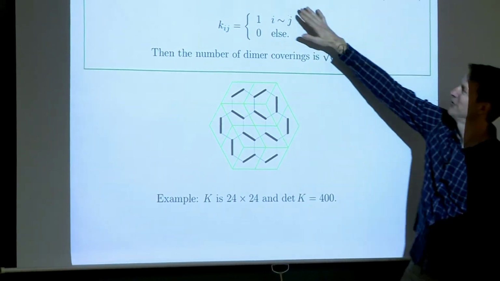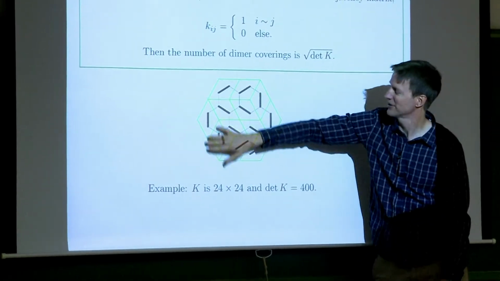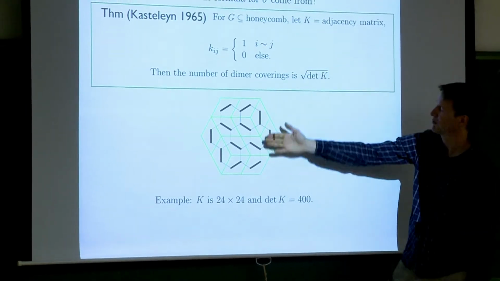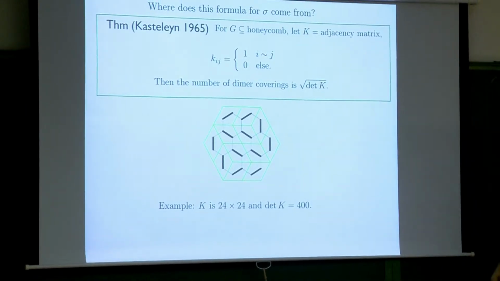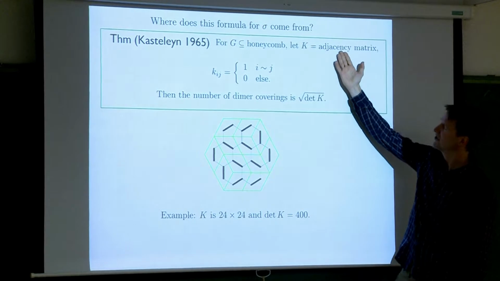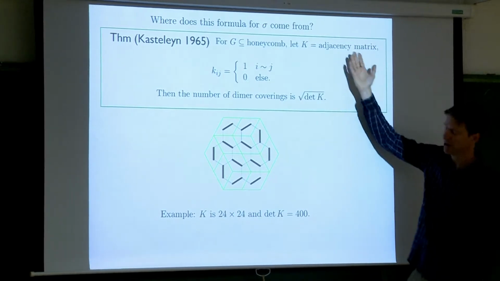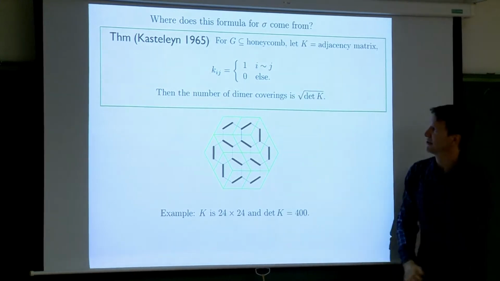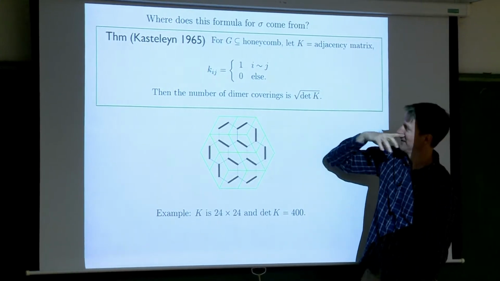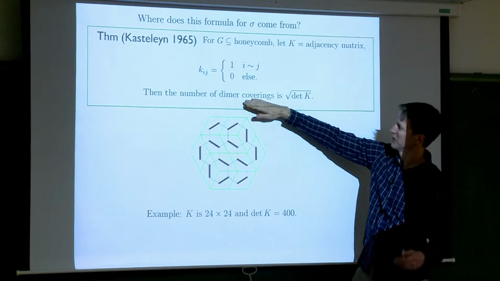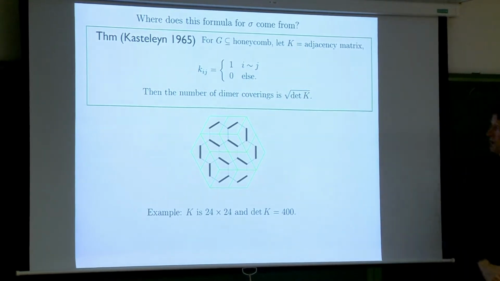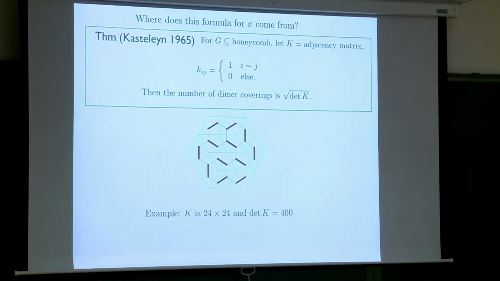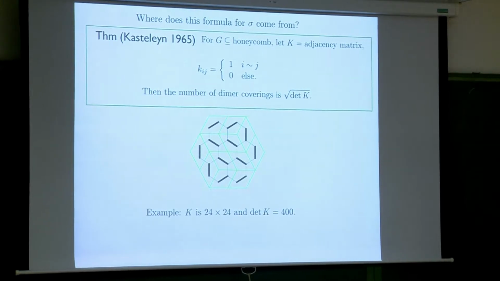If you have a graph inside the honeycomb graph, like this black graph here, and you want to count the number of perfect matchings, you just take the adjacency matrix of the graph. So it's a matrix indexed by the vertices with ones and zeros, depending on whether they're adjacent or not, right? And then the number of dimer covers, the number of perfect matchings, is just the square root of the determinant of the matrix. Okay, very beautiful, simple result.